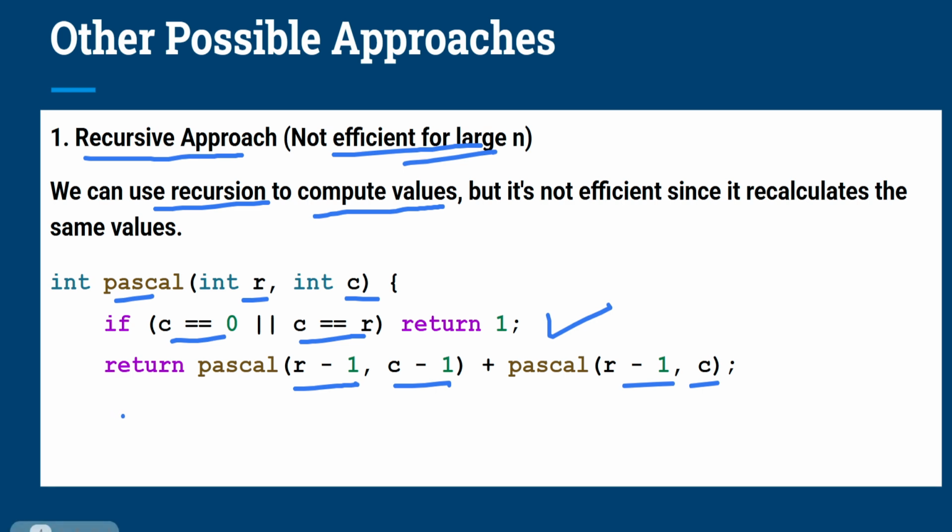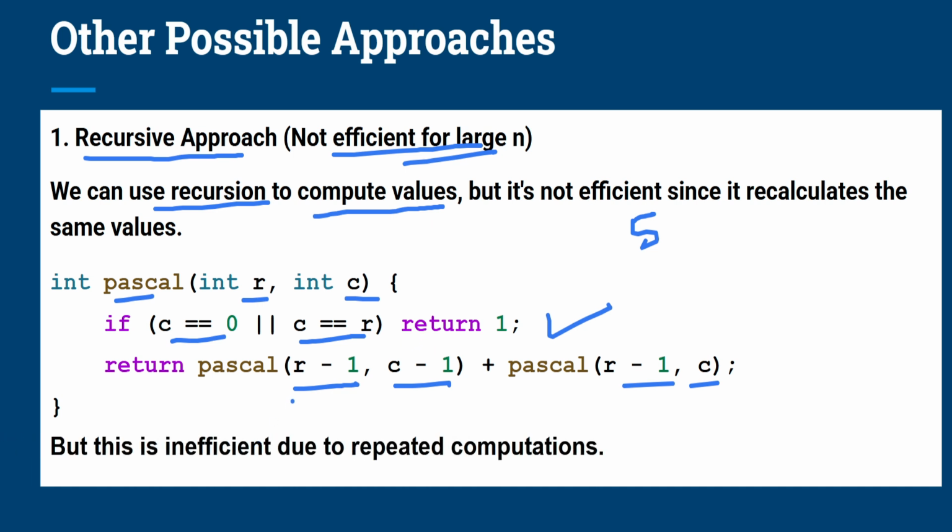This is the recursive approach, and we return the result. You know the number of rows, right? Let's suppose we have 5 rows given. We keep decrementing until the row is 1. I hope you understand, right? So this is not efficient.